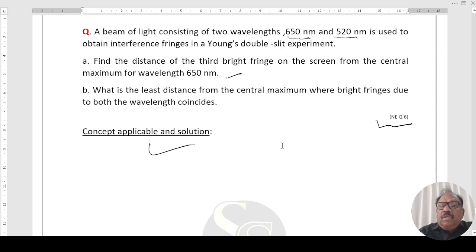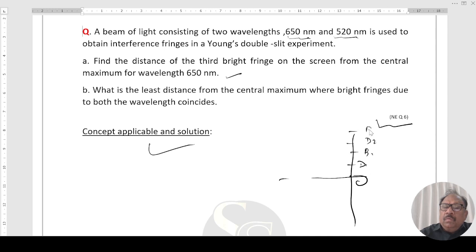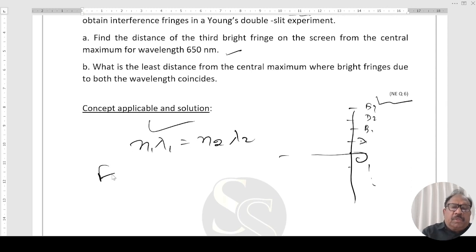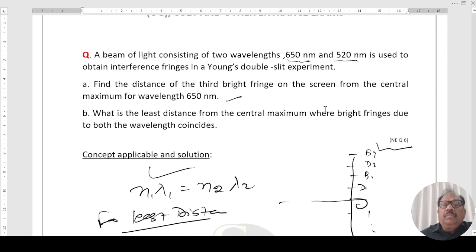The second part is, what is the least distance from the central maximum where bright fringes coincide? This is the central maximum, with bright fringes B1 and B2 similarly here. So we have to take n1 lambda 1 equal to n2 lambda 2. For the least distance, suppose 650 is the greater wavelength.